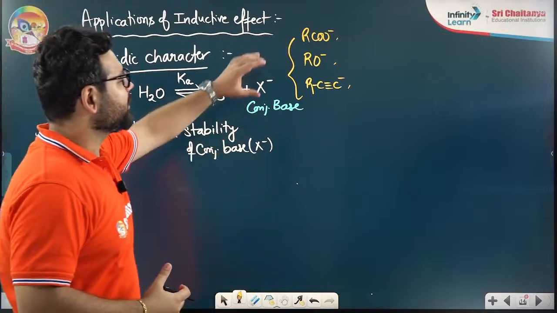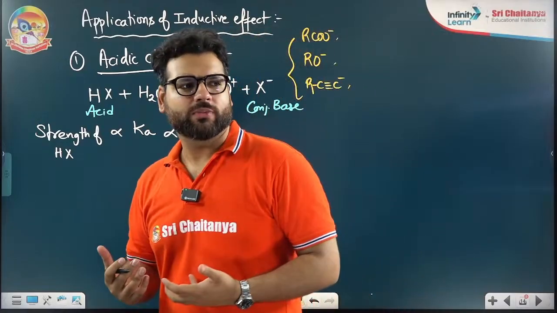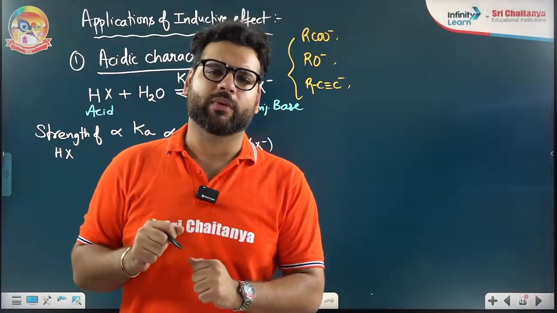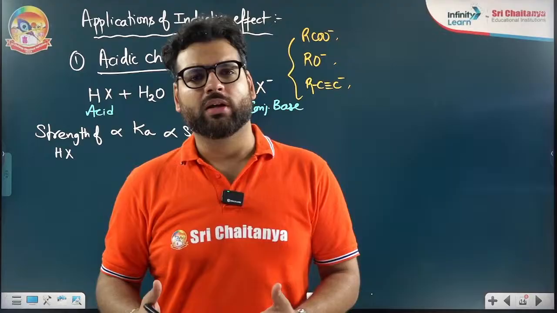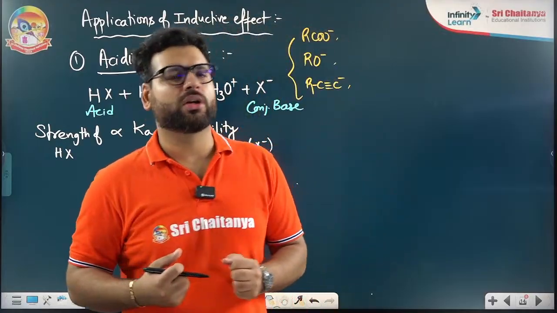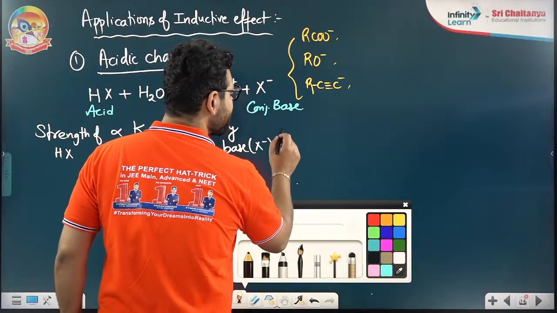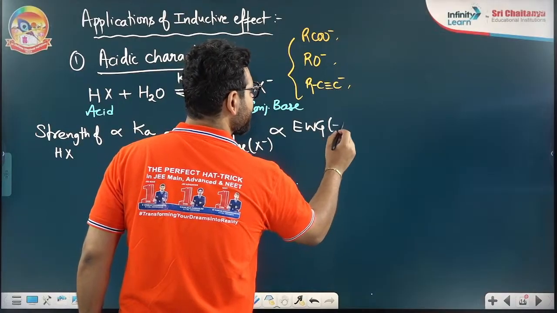So when I want to stabilize the anions, what I should do? Anions are already negative charge. So if you want to stabilize the anions, you should pull electrons from them. Everybody is stable when they are neutral. So in order to stabilize this negative charge, you must pull the electrons. So we can say the stability of conjugate base is directly proportional to, beta, electron withdrawing groups, means minus I groups.